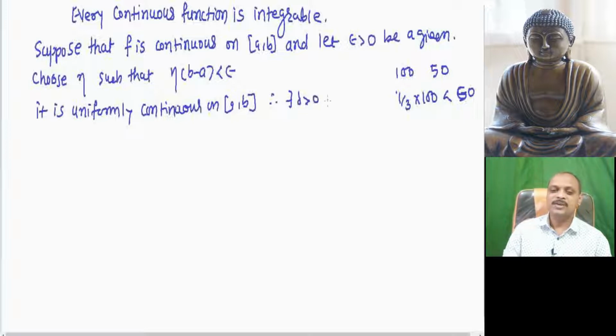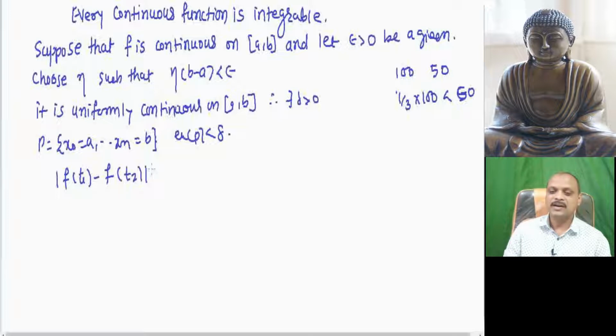for a partition P equal to x0 = a up to xn, this is my partition, and this partition is such that mu of P is less than delta, we have mod of f(t1) minus f(t2) less than eta, where mod of t1 minus t2 is less than delta, where t1 and t2 belong to the closed interval.